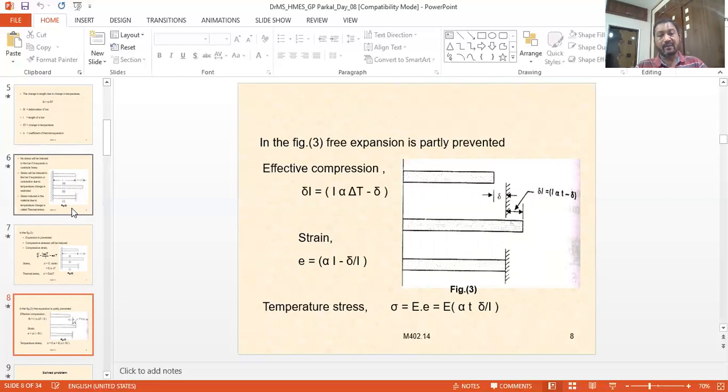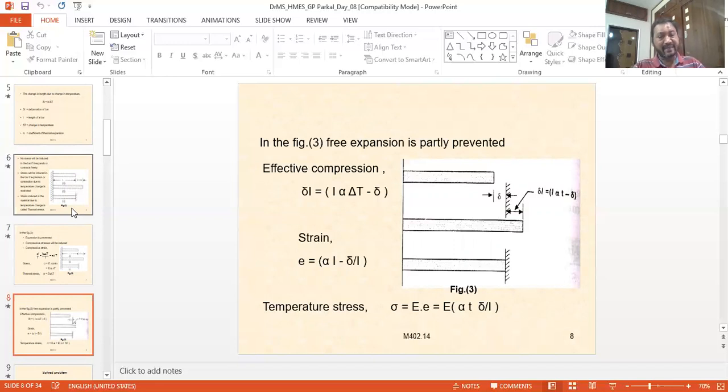So now the prevention of the change in length, to what extent we are preventing, is nothing but L alpha T minus delta. This is the effective expansion that we are stopping, and this leads to development of the stress in the bar.